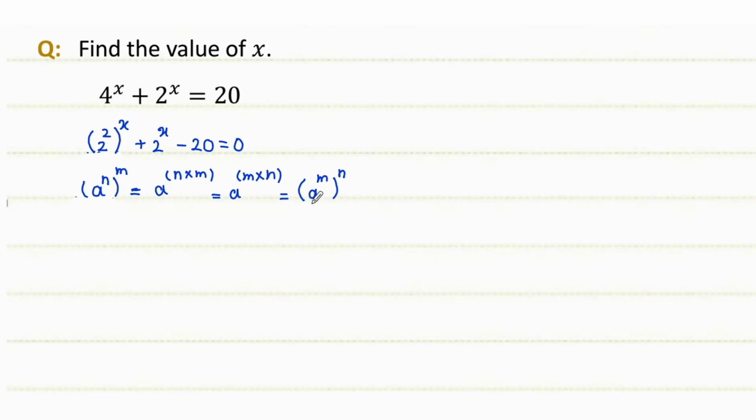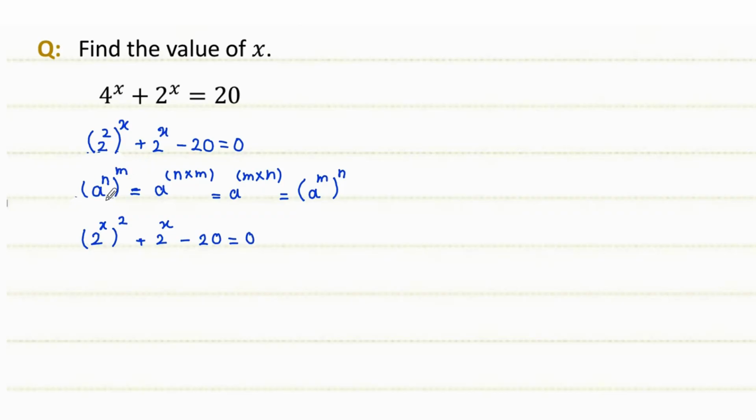So, if we use this identity, we can write this equation in the form as 2 to the power of x, and this is to the power of 2, plus 2 to the power of x minus 20 equals 0.